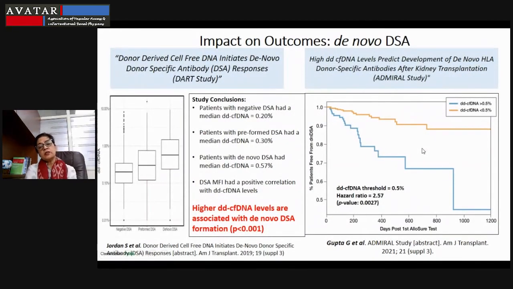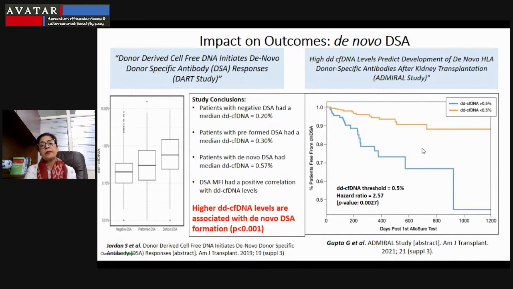There are also more recent studies which have studied the impact on outcomes with de novo DSA. Now, Jordan et al. highlighted that donor-derived cell-free DNA initiates de novo donor-specific responses, and this was also part of the DART study. They found that higher donor-derived cell-free DNA levels are significantly associated with de novo DSA formation.